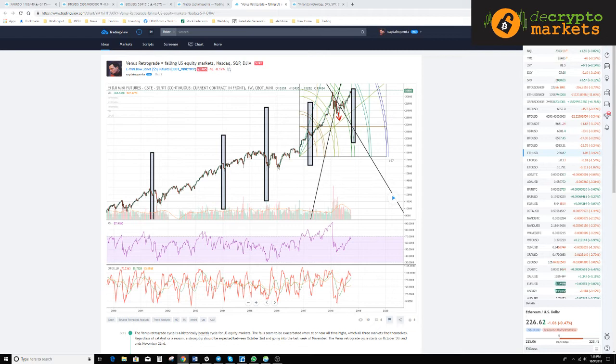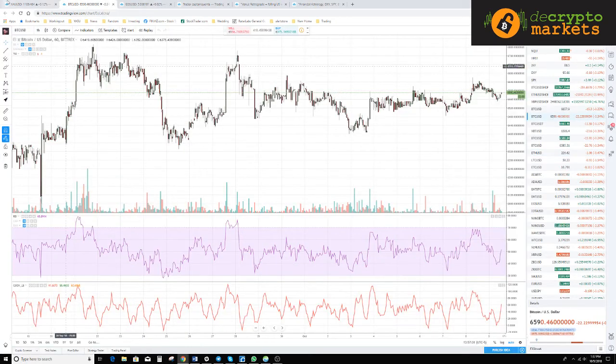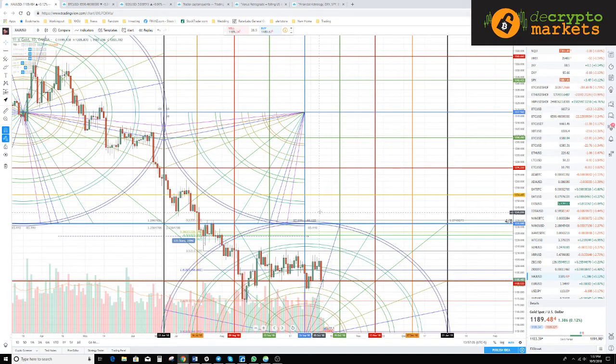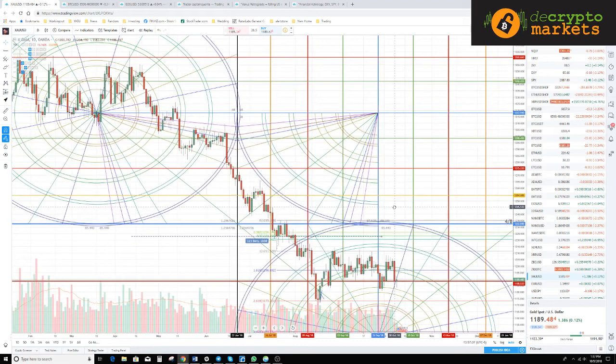There's a weird thing with numbers in Gann's work: there's a relationship between angles and numbers, and between time and price. For Bitcoin, or for anything in Gann's work, you look for a square of price and time, and when price and time are squared, you see major activity happen.